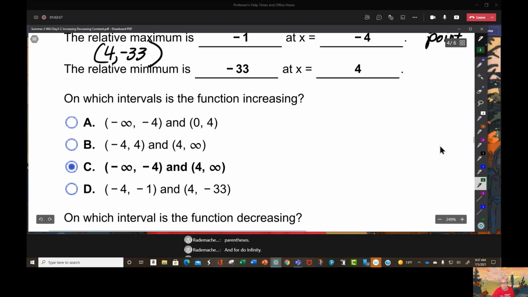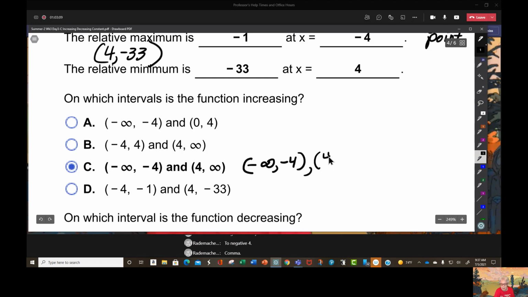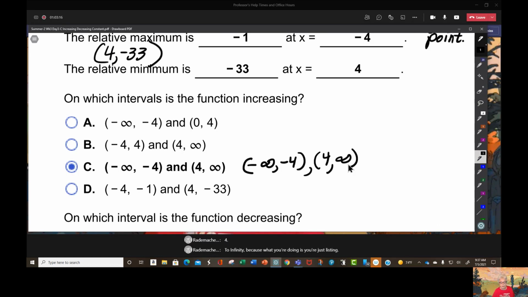Now notice this. Sometimes you're going to see it written like this: negative infinity to -4, comma, 4 to infinity. Because what you're doing is you're just listing the intervals. You never use a union, not with increasing, decreasing, or constant.